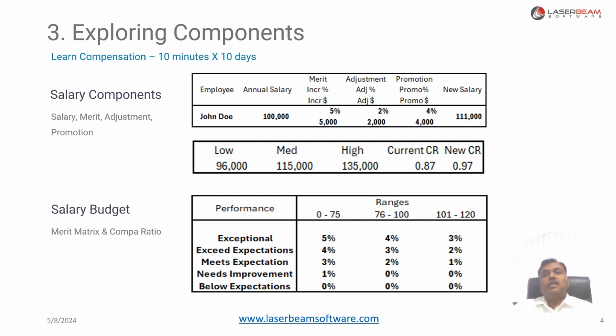So a manager with different people reporting into him with different performance scales would get a budget that is very specific to his team's competency and their performance. So again, this is a great model to build your budgets, so that you do not have an open budget, and you do not have a very narrow budget, but you have an optimal budget for the team to exercise and distribute the salary increases for the comp cycle.